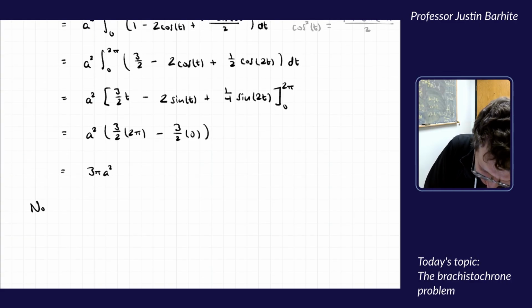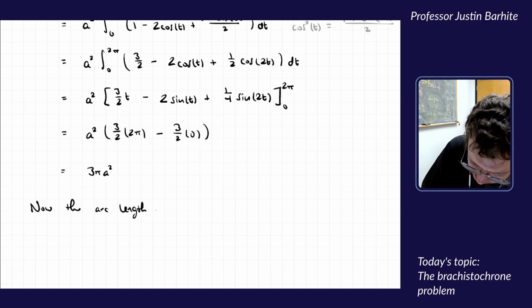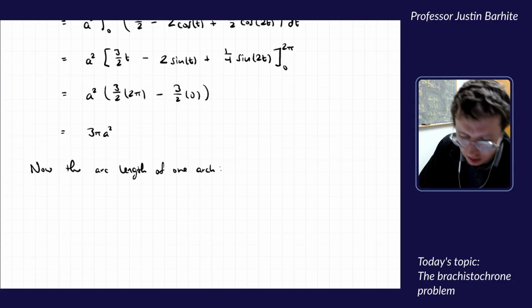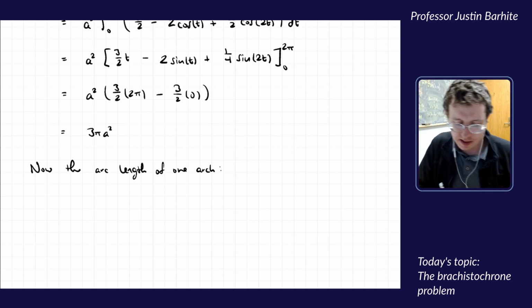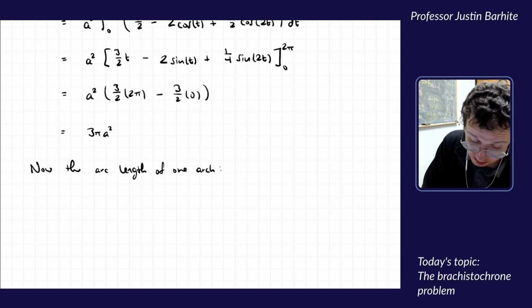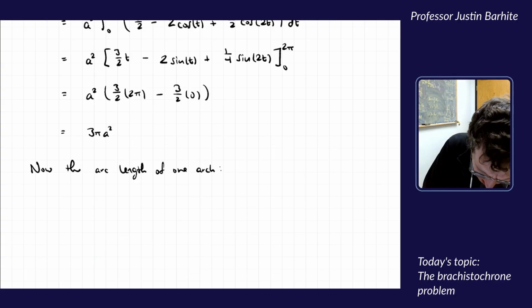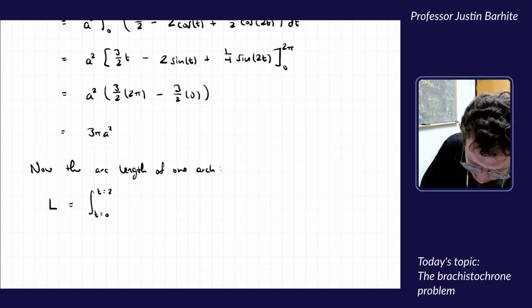And now let's find the arc length. Arc length is definitely something that you've done in parametric curves. That arc length, once again, it's an integral from t equals 0 to t equals 2 pi.